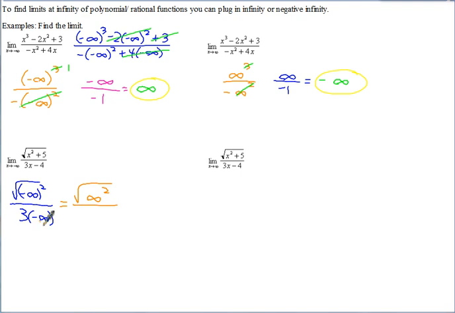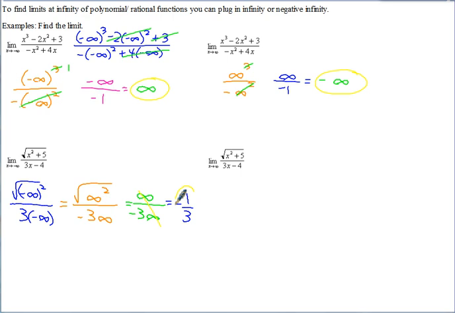And then on the denominator, 3 times negative infinity, you can just move that negative out in front, so it'd be negative 3 times infinity. And now the square root of infinity squared, that's just going to be infinity over negative 3 times infinity. So this time, notice what happens, the infinities completely reduce out, and what we're left with is negative 1/3. So that is your limit.